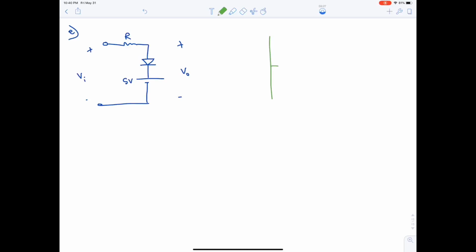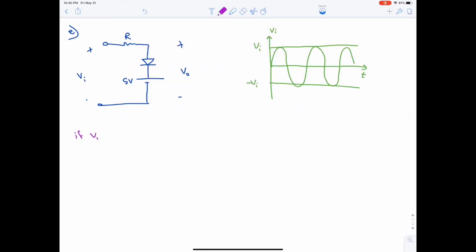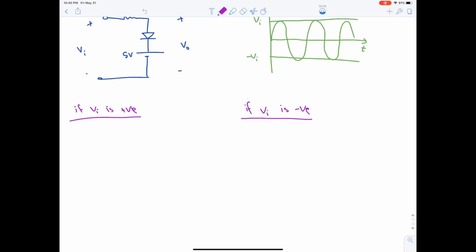Let's draw the reference. If Vi is positive and if Vi is negative. If Vi is positive, the diode is on. Hence, V output is what?